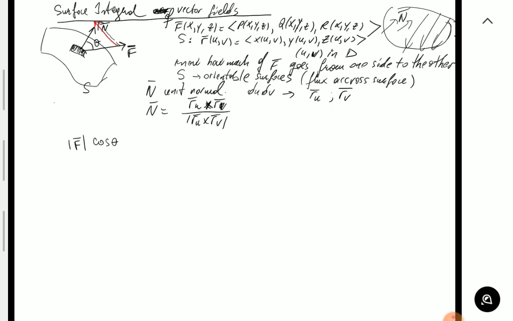Because the projection of F onto the unit normal is the adjacent side in that right triangle. So that's what you want to integrate.